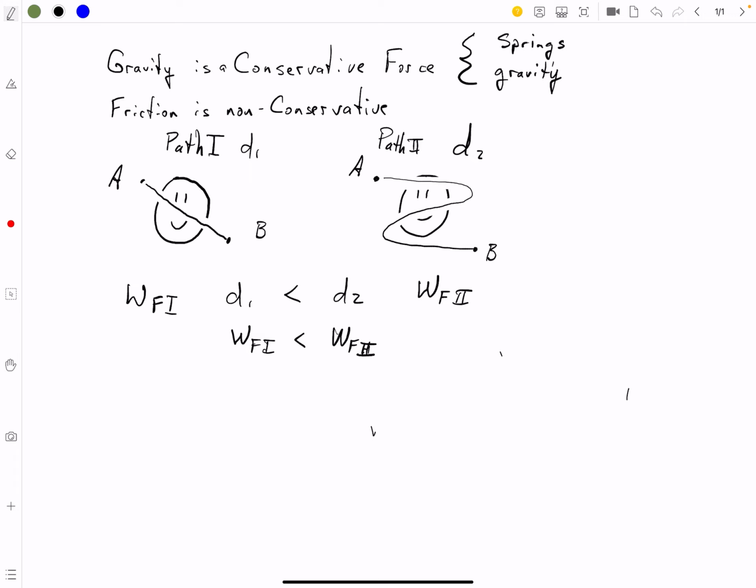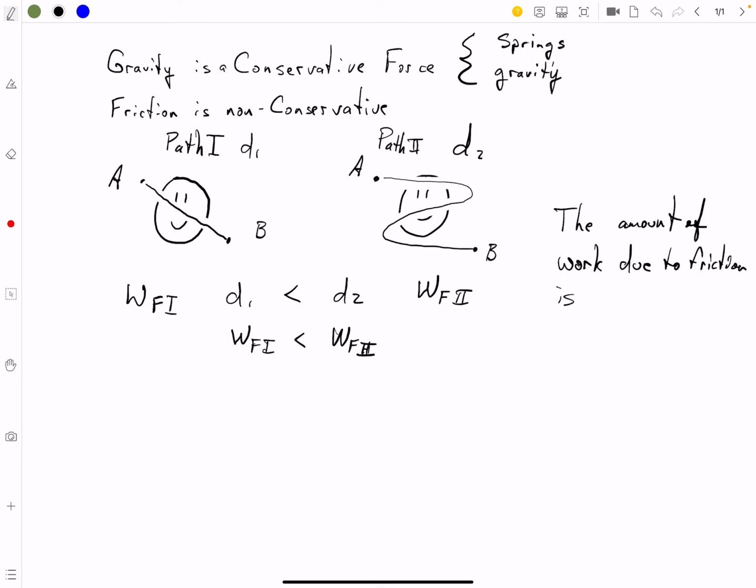Okay, good. So we can see that the two paths are different, and that means that the amount of work due to friction is not 0.